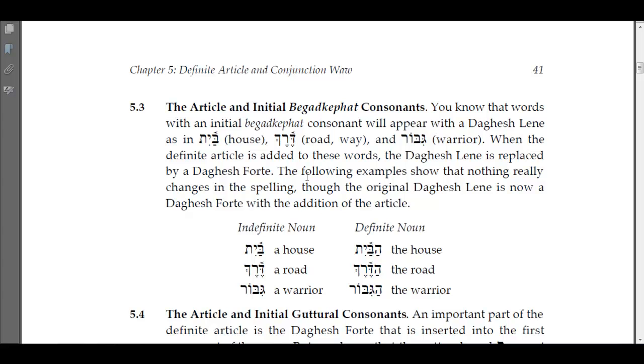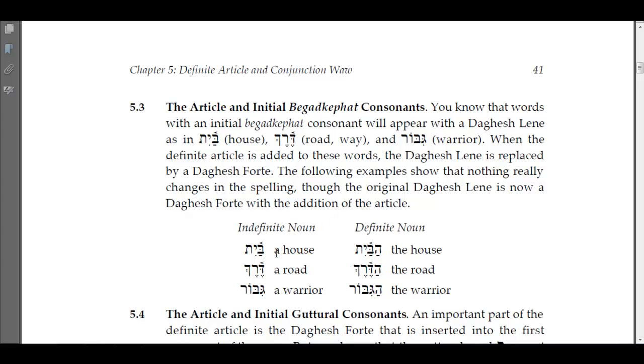Now, when the definite article is added to these words, the dagesh lene drops out and is taken over by the dagesh forte. Here are some examples showing that nothing really changes in the spelling, except that what was a dagesh lene is now a dagesh forte.